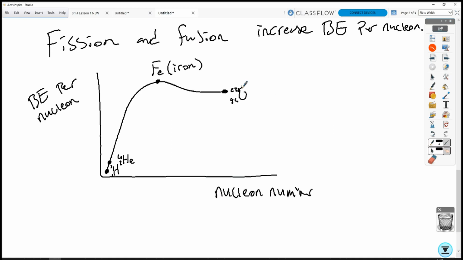So all of the stuff on this side, they do fusion. And all of the stuff on the right-hand side towards iron, they do fission. And iron does not do any. It does not like to.